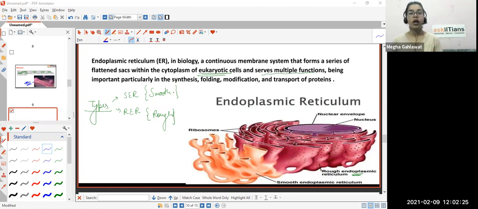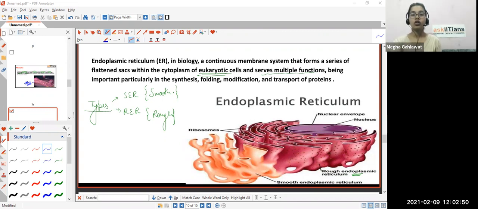Okay. Now let's discuss their structure, what exactly these are made up of. The rough endoplasmic reticulum is made up of ribosomes and has a lot of tubules and membranes, whereas the smooth endoplasmic reticulum is made up of vesicles. Vesicles are small bubble-like structures which are present in the cell, and it is made up of a lot of tubules.